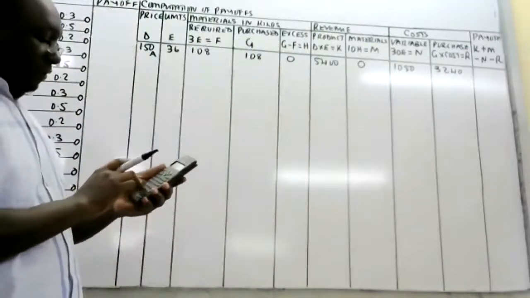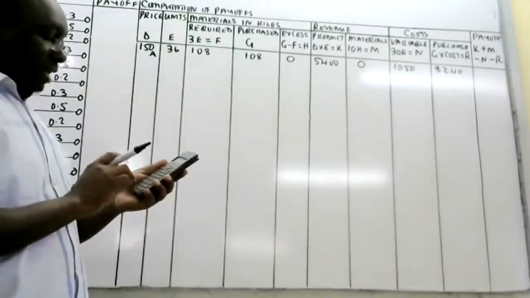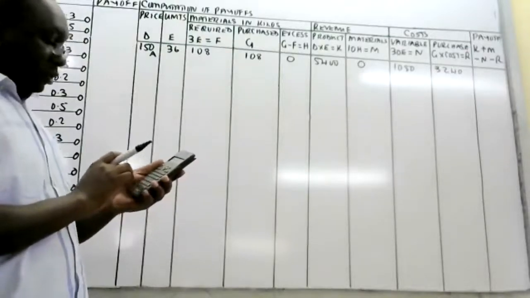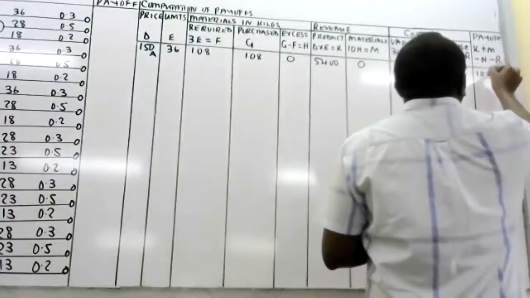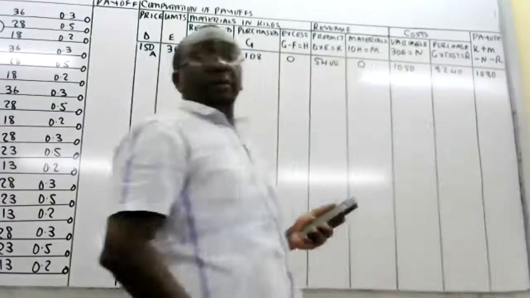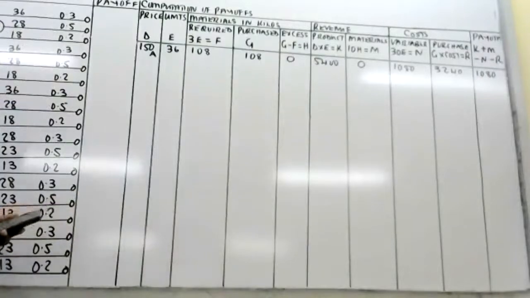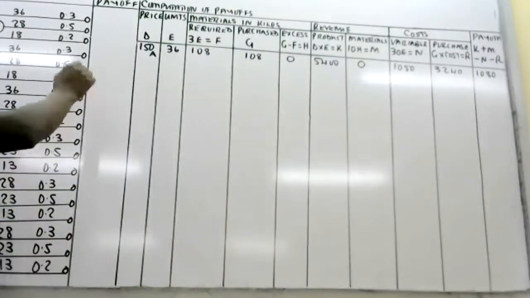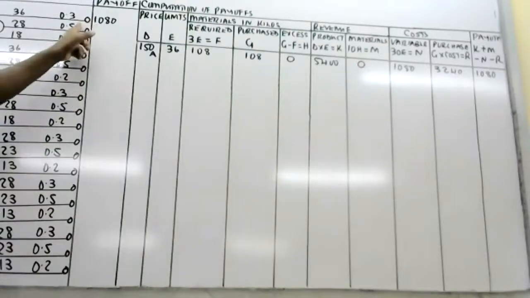It will be 5,400 plus 0 minus 1080 minus that 3,240 is 1080. So that is the answer that we shall bring here, 1080. If you go to your tree diagram, that is the payoff now for the first one.